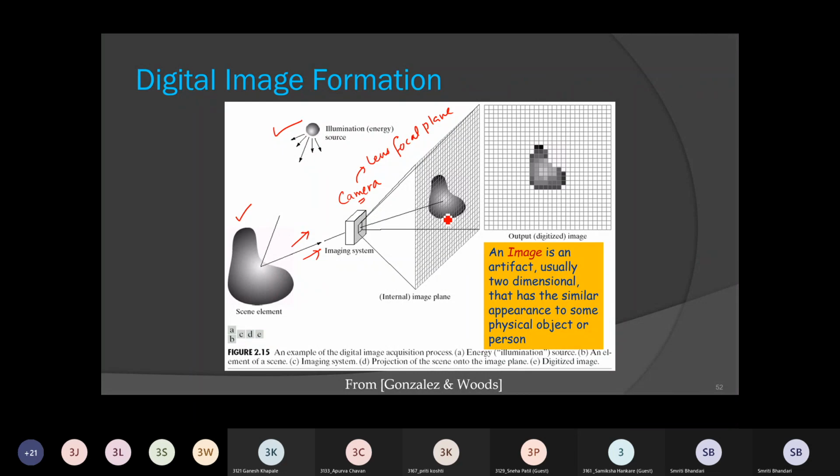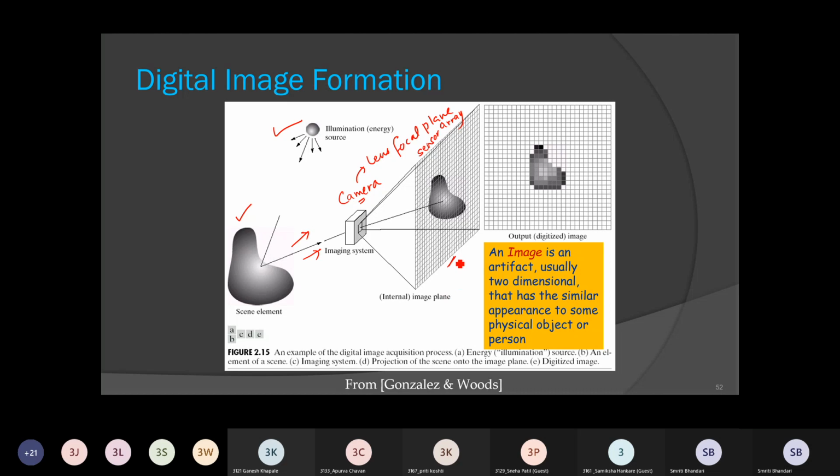So this is the image plane or the focal plane, and the sensor array is coincident with this image plane, and it produces the output which is proportional to the integral of the light that is being received at each sensor. I'll repeat. Here we have the image plane or the focal plane.